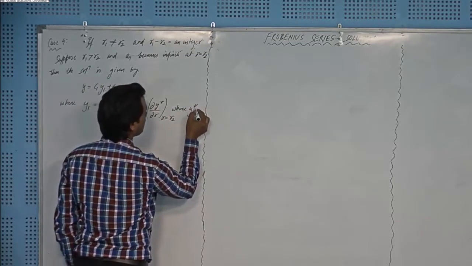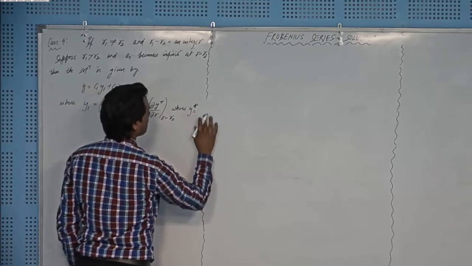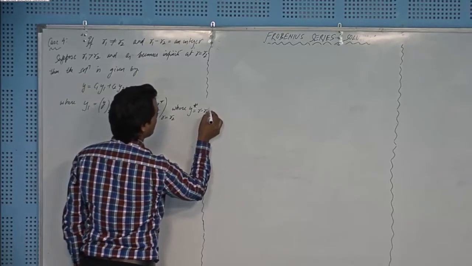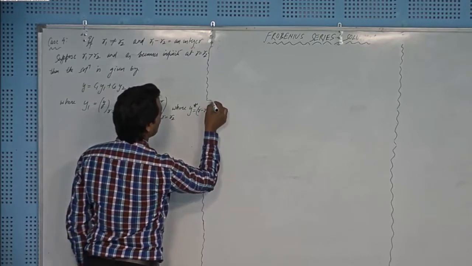Y star is actually r minus r2 multiplied with y.